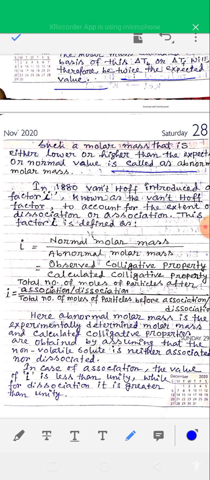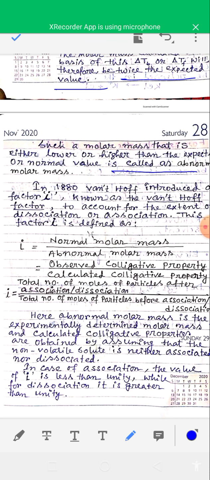And such solutions having an associative or dissociative solute show abnormal colligative properties. That is, their colligative properties will be different from the theoretical calculated values.